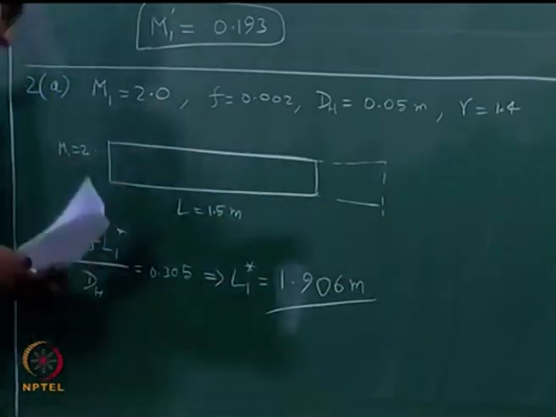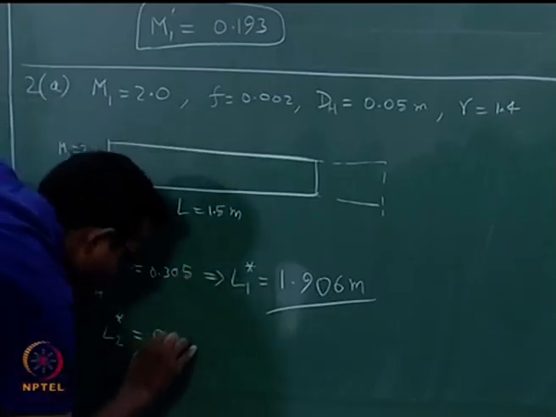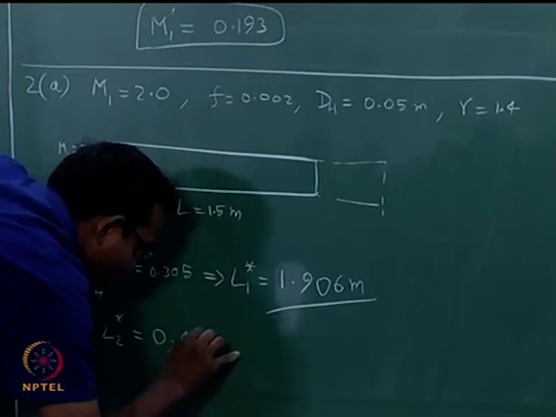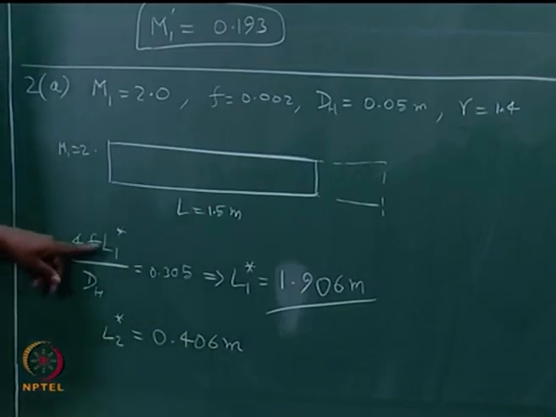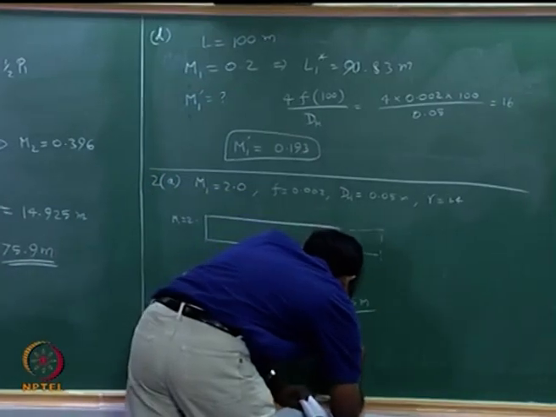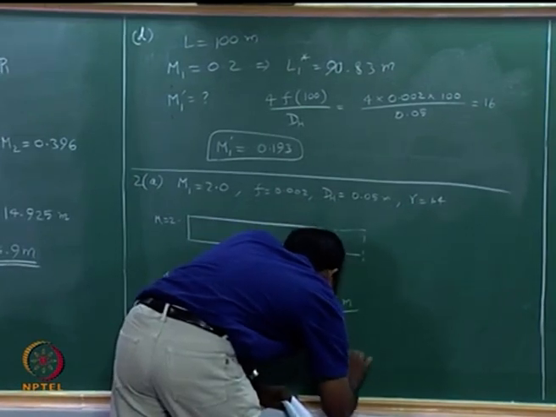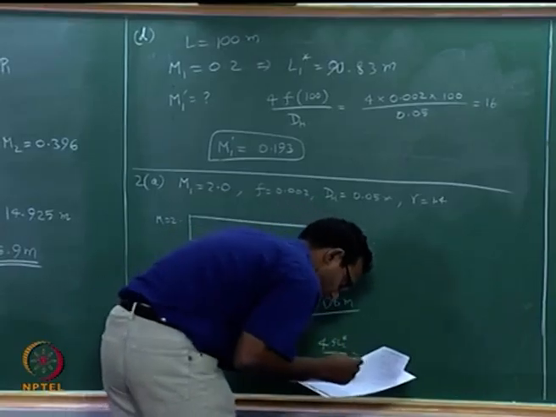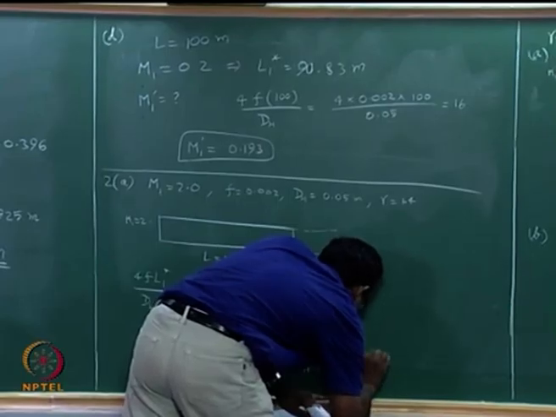So I have to find L2 star, which happens to be 0.406 meters. If this is 0.406 meters, I just have to find 4f L2 star by dh, and for that f and dh given, it happens to be 0.065.